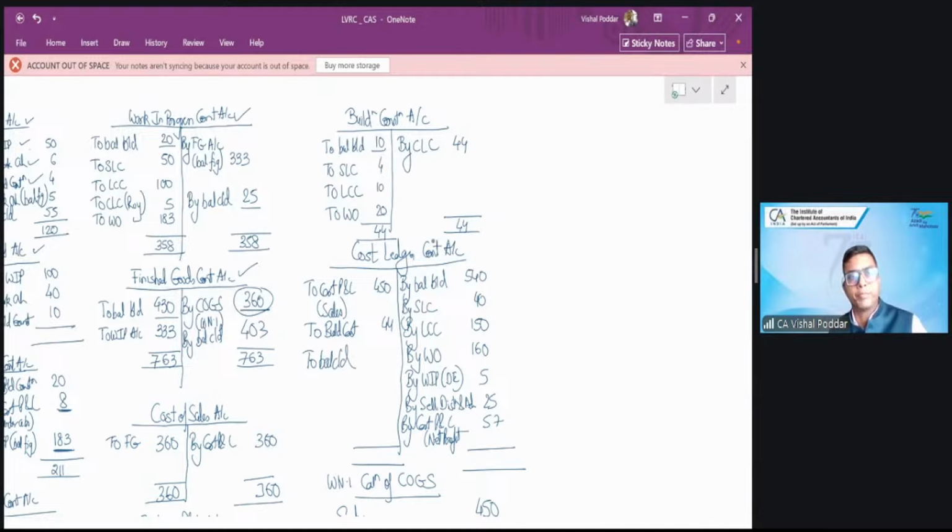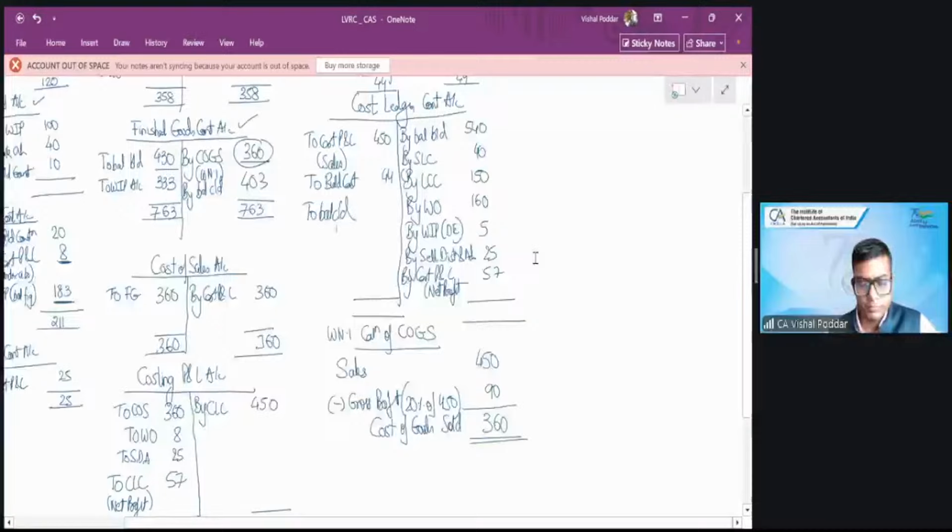Correct? Let us use the calculator now. So we have 450, 40, 150 plus 40 plus 150, 160 plus 5, 25.